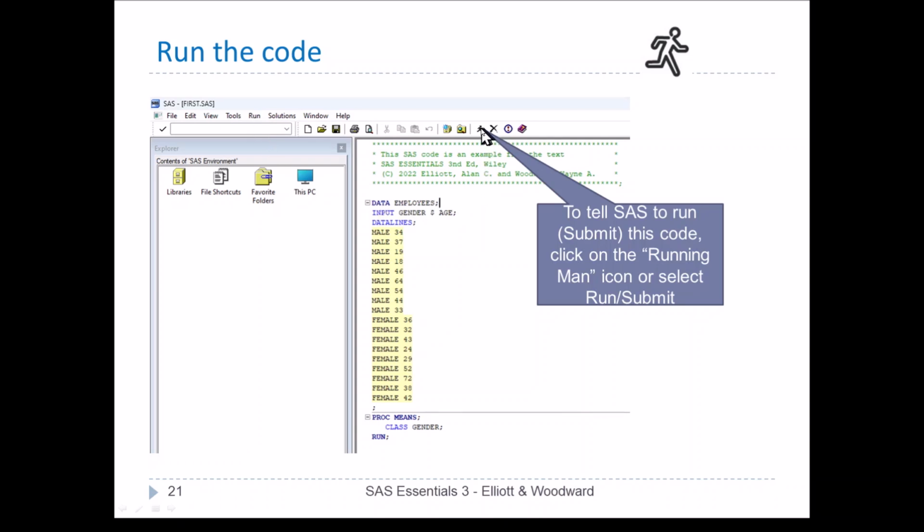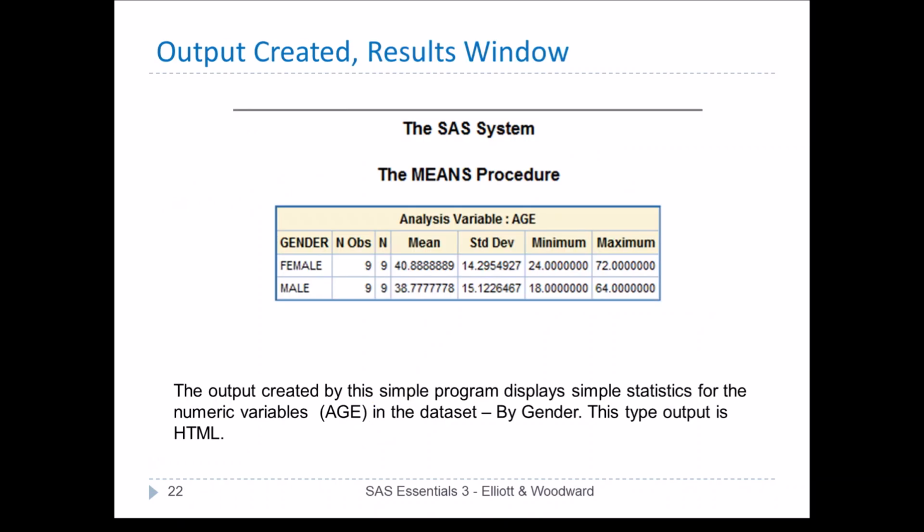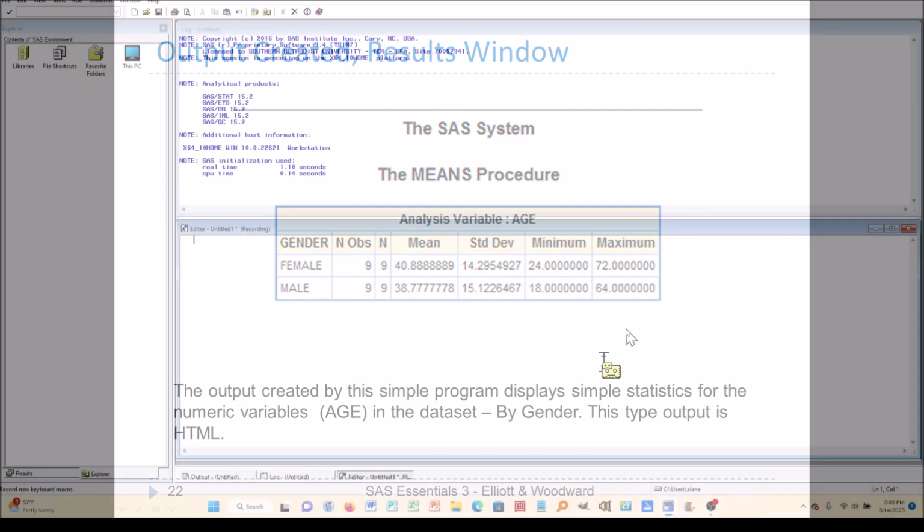Or simpler, you can just click on this little running man icon to submit the code, and that just says to SAS, okay, now do this analysis. So when you click on that icon, SAS should display this output, and you'll notice it's means and some other statistics broken down by male and female as we asked, called the classification, female and male.